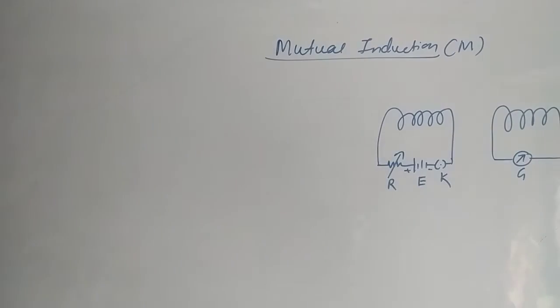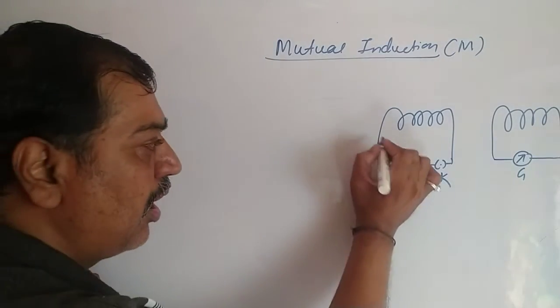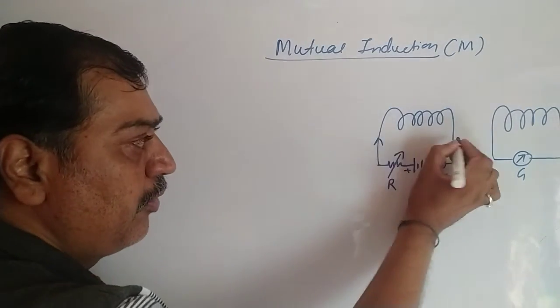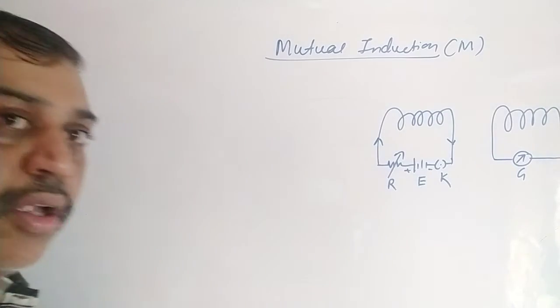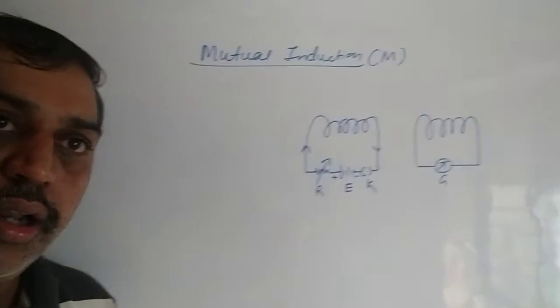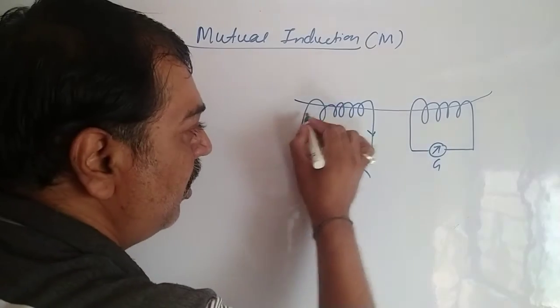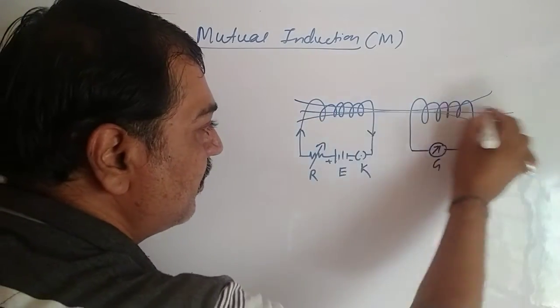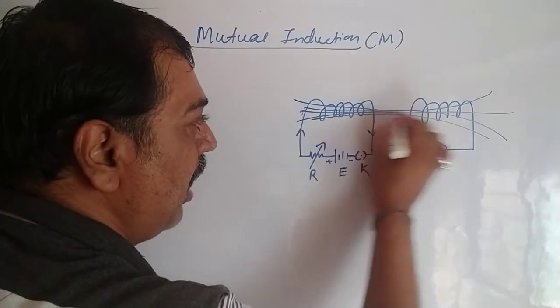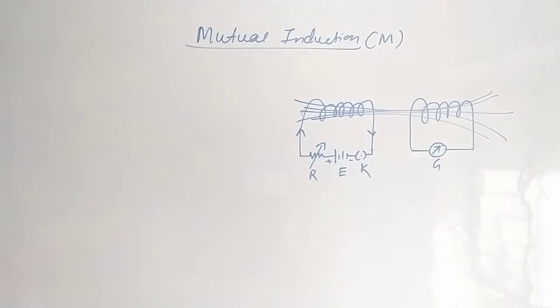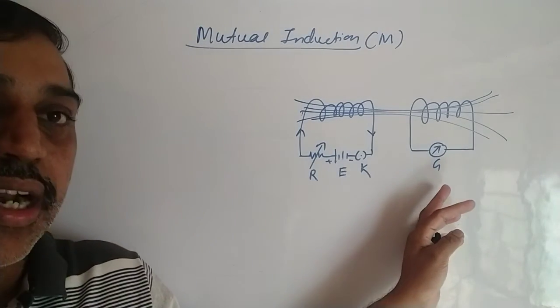Now when we close the key, current will flow from positive to negative. So this is the direction of flow of current. When current flows, what will occur? It will produce a magnetic field, or EMF is induced in the same coil according to Faraday's law. That induced EMF is linked with the secondary coil like this. Such a diagram they have drawn. And if that is linked to the secondary coil, the galvanometer shows a deflection.